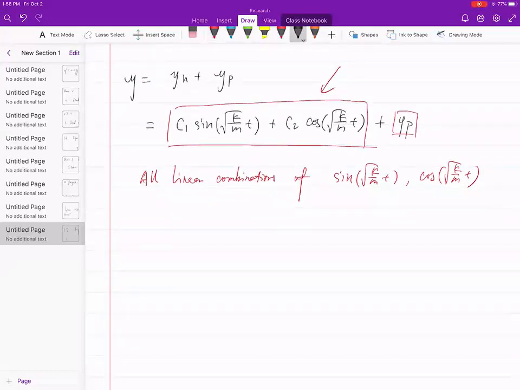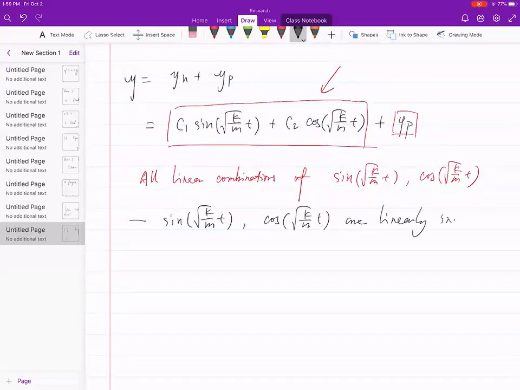Okay. That has several implications. Number one, these two are linearly independent. Otherwise, I don't need two, I just need one. The other one is a multiple of this one, or a linear combination of this one.